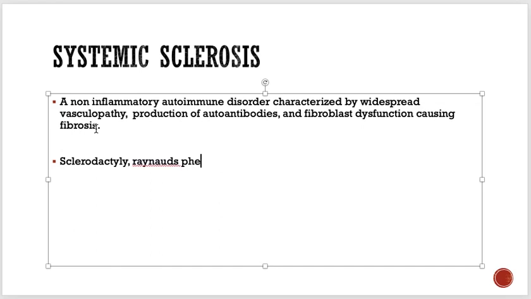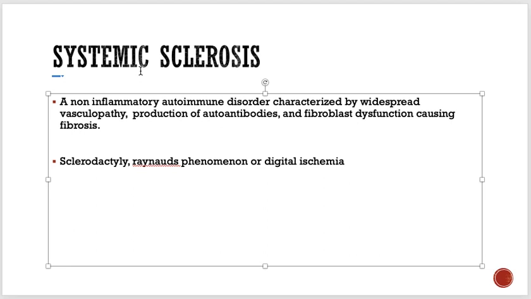I think all of us know what Raynaud's phenomenon is, or you can say digital ischemia, of the fingers or toes. So this is how it looks clinically. Now, the important thing about systemic sclerosis is that most of the time it occurs in adults, in the fourth and fifth decades of life.